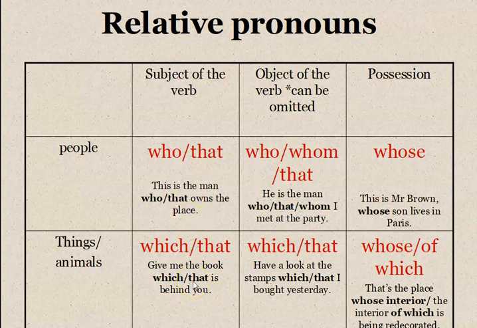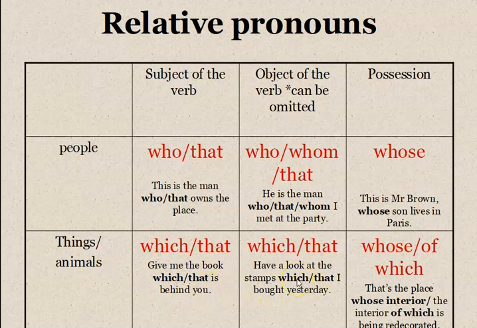Maybe I can give a stylistic advice that you can use. It's better to use who and which in formal written and spoken English, and to use that in informal spoken English. Okay, so give me the book which is behind you, or that is behind you. This is the subject of the verb.